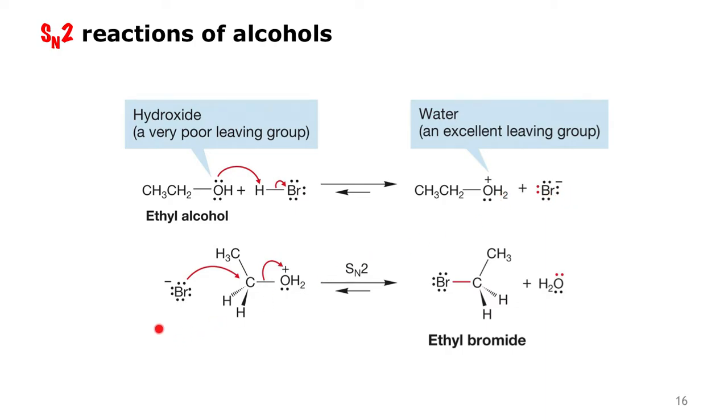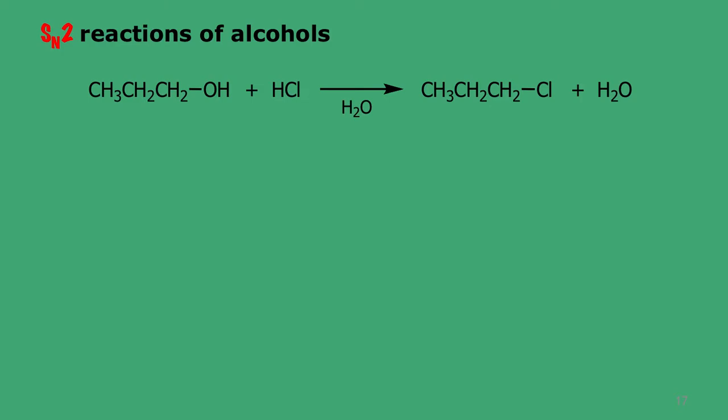Once protonation has happened, the halide ion can do the SN2 reaction. So this is a way of carrying out SN2 reactions on alcohols, where it's essentially a two-step process: protonation to form the oxonium ion, and then substitution in the SN2 sense. It's worth drawing out that mechanism in a little more detail. So let's do that now.